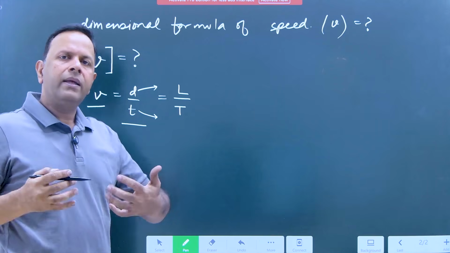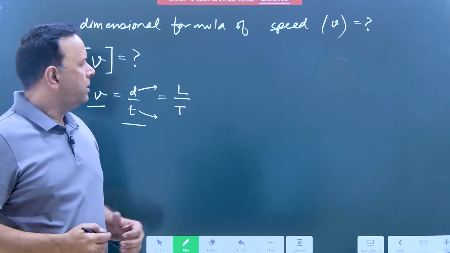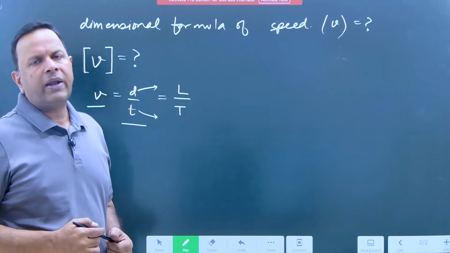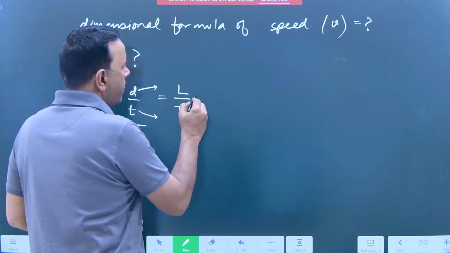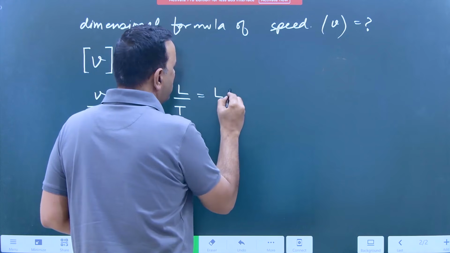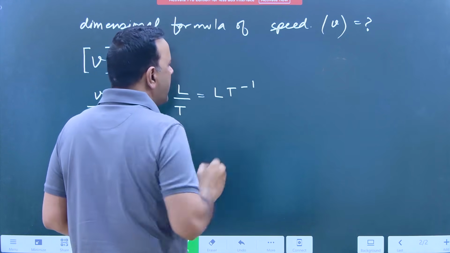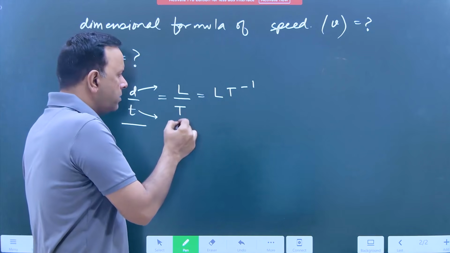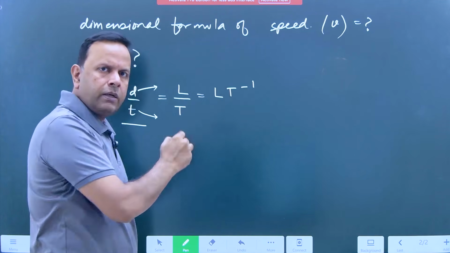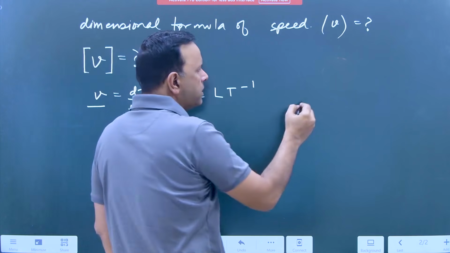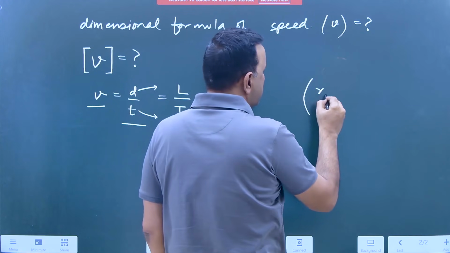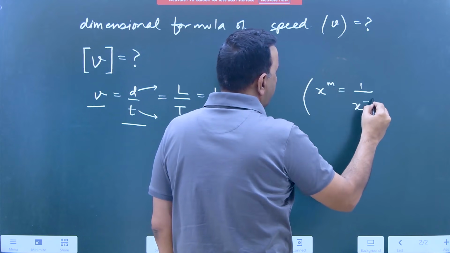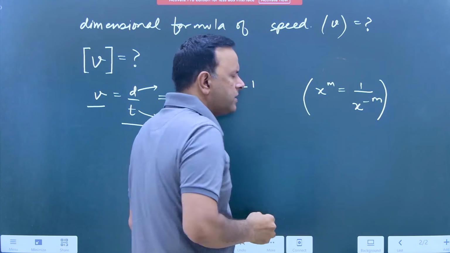Okay. And now there is a common practice that usually we don't leave this expression in the form of a fraction. So what we do, we express it mostly like this, LT minus 1. We bring the term of time to the numerator, and I hope we remember this formula of indices and surds. x raised to m is equal to 1 upon x raised to minus m.